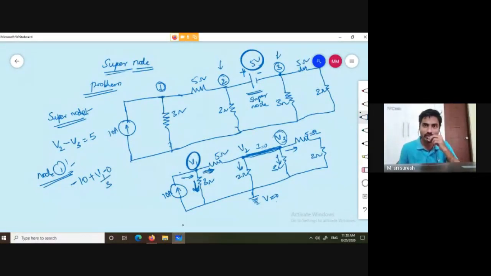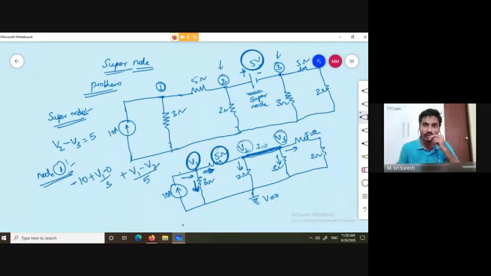What is the current flowing in this particular branch? This 5 ohms is in between V1 and V2. But we are writing the node equation for the first node, so first write down V1, then minus V2 potential difference, divided by the resistance value of the branch, 5 ohms.